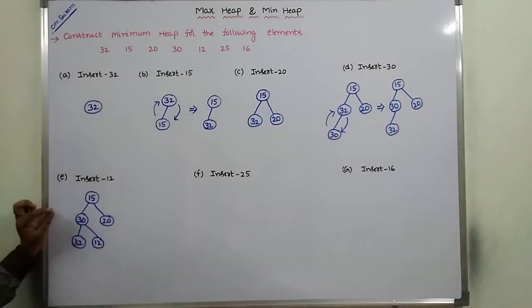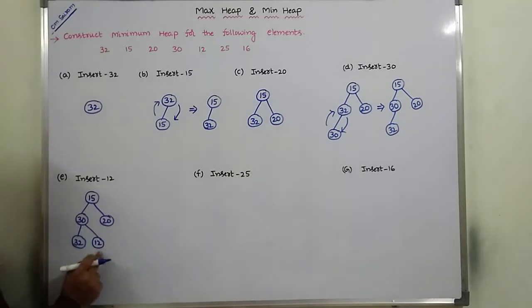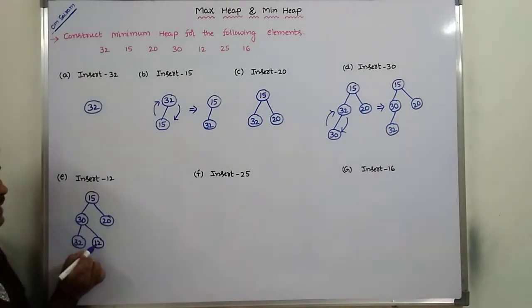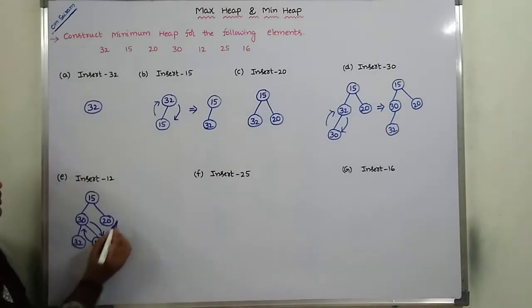The minimum heap property is that the parent node value is always less than its children's node values. Here, 32 and 12 are the children of node 30. Here 30 is less than 32, so it satisfies the minimum heap property. 30 is less than 12 is false. So now we have to swap these two.